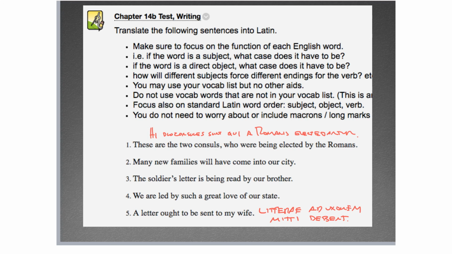Okay, so a letter, literae, all right, ought to be sent to my wife. All right, so literae is, of course, the subject of debent, but mitti, to be sent, that's that passive infinitive, and it is a third conjugation verb, so it's just the I instead of any kind of RI or ERI. And then to my wife is just a prepositional phrase.